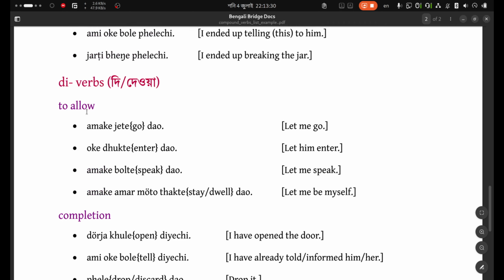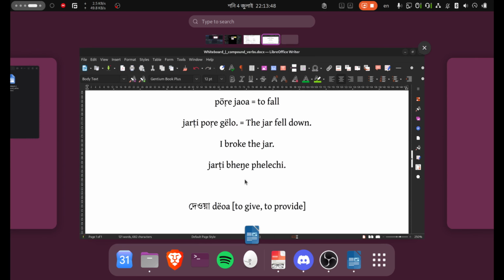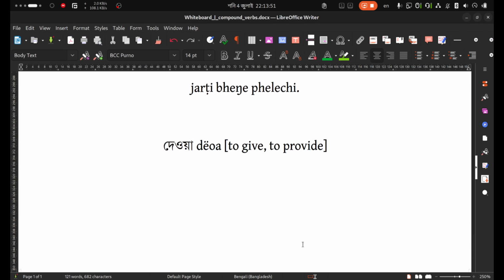Let's start with to allow. If we want to mean to allow, we will always use this form of non-finite verb that ends in te ending. For example, jete, khete, দৌড়াতে, পড়তে, etc., and so on.